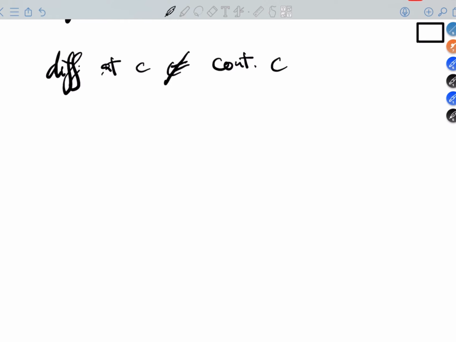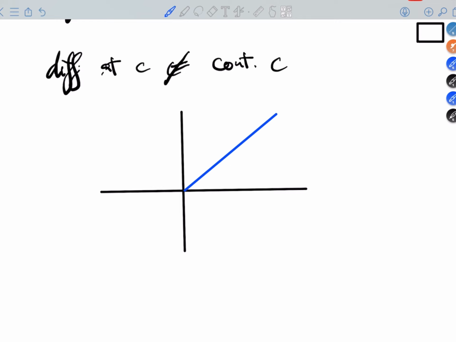For example, one example is the absolute value function, whose graph is something like this. We can see that this function is continuous at the point 0, right? However, it's not differentiable at this point, right?